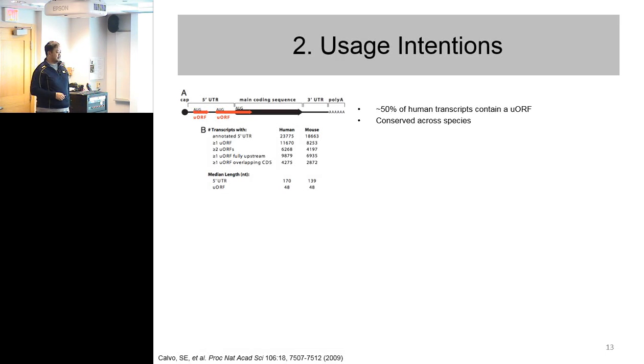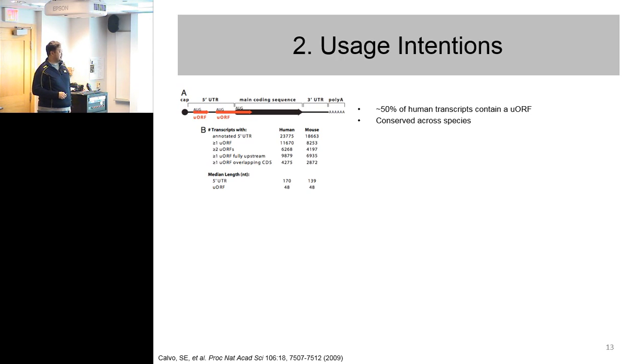So what we're interested in as a lab, in concert with our collaborators, is looking at upstream open reading frames. Why this is important and how this algorithm plays into it is that it's often very hard to tell what's actually being translated versus what isn't.